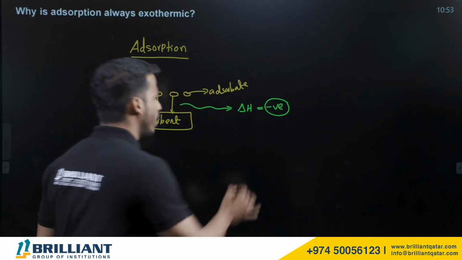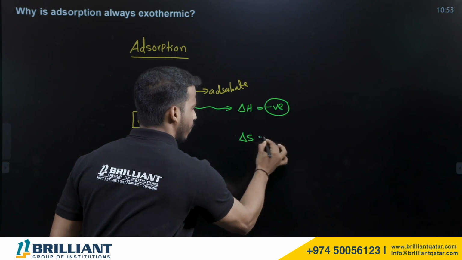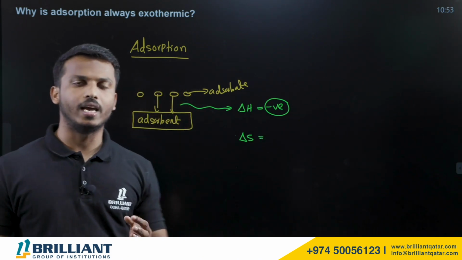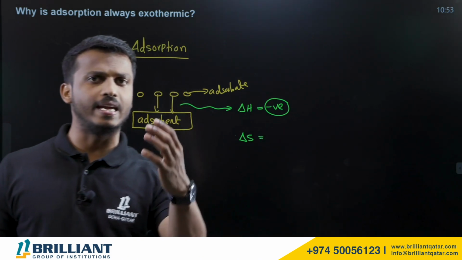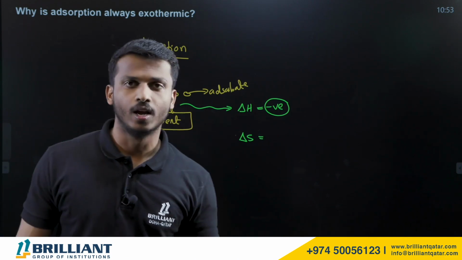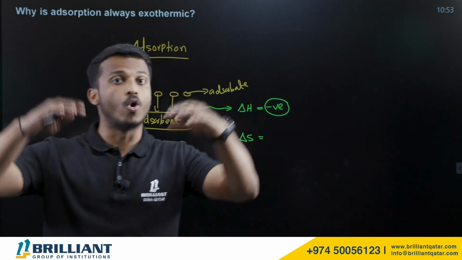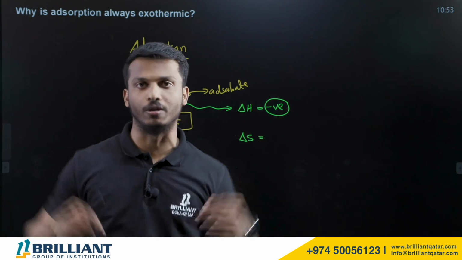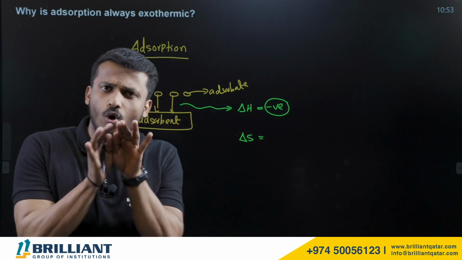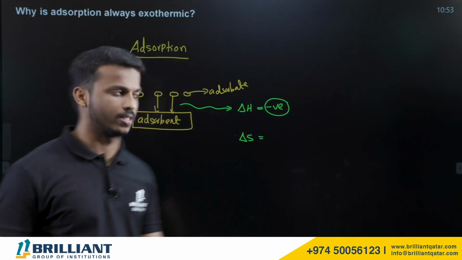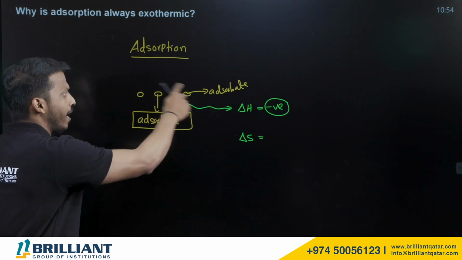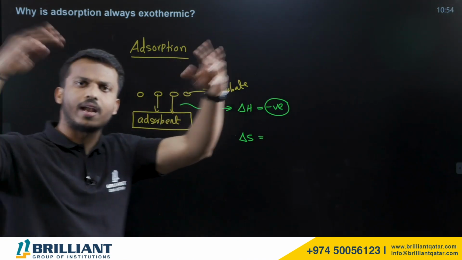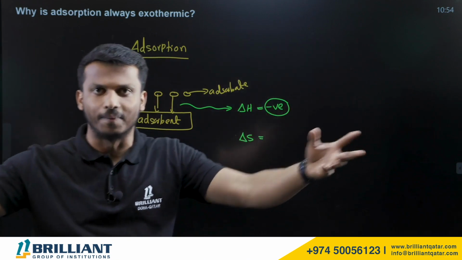And what happens to entropy? Delta S, entropy, is the total degree of randomness of a system. The more disorder in the system, the more randomness, and entropy is positive. If it is an ordered arrangement, entropy is very low. See, here the adsorbate particles initially are in random, disordered manner, right?